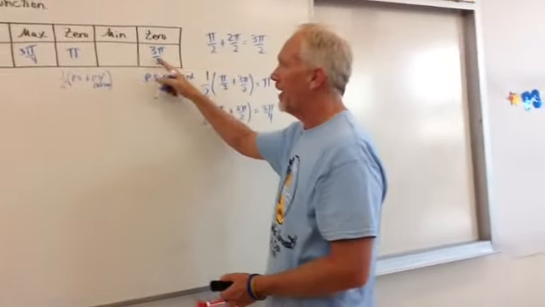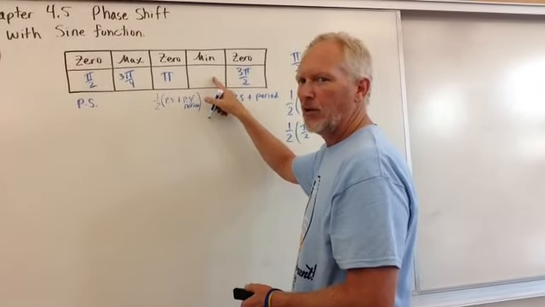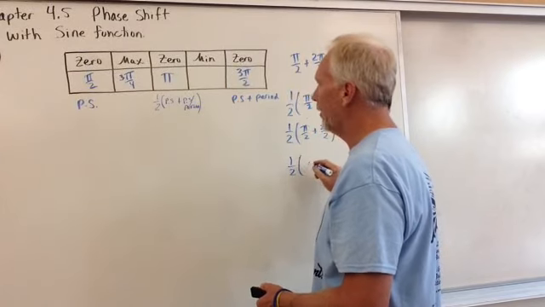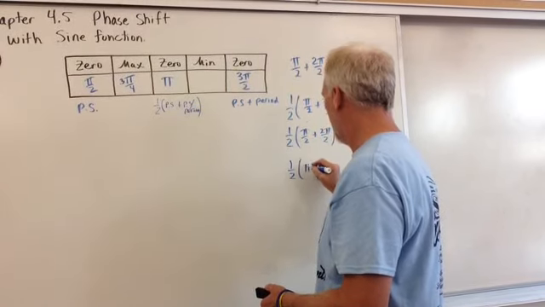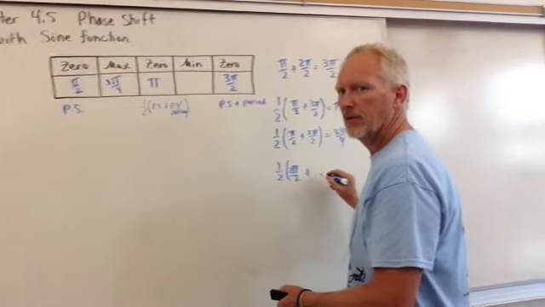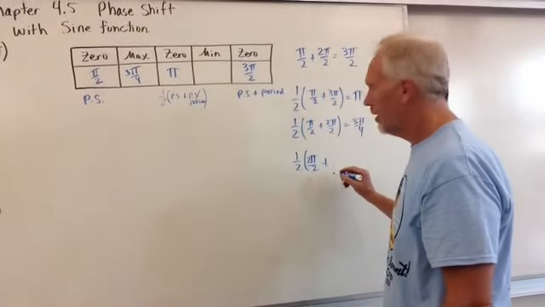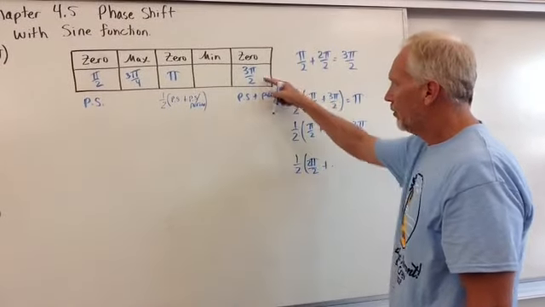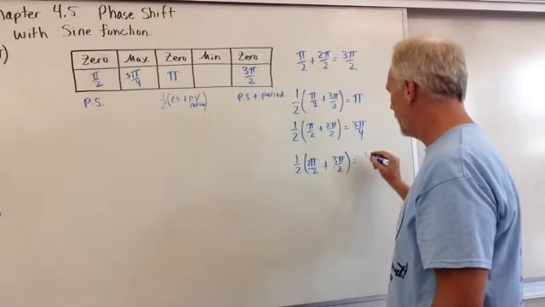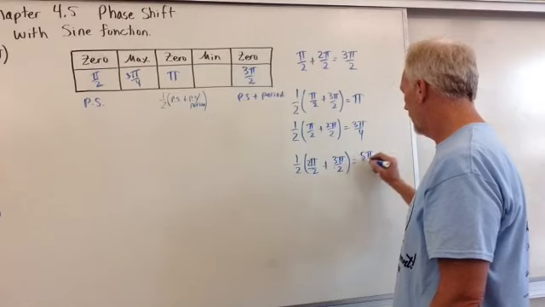Now we want to find the last key point here, the min, where we take 1/2 of pi, which is 2 pi over 2, plus 3 pi over 2, which is 5 pi over 2.